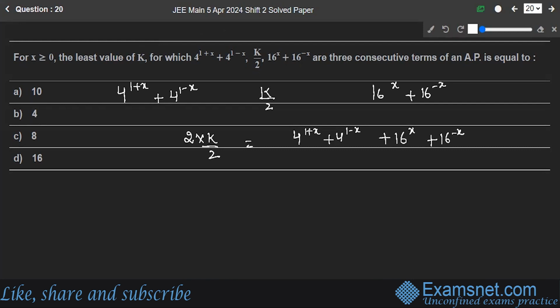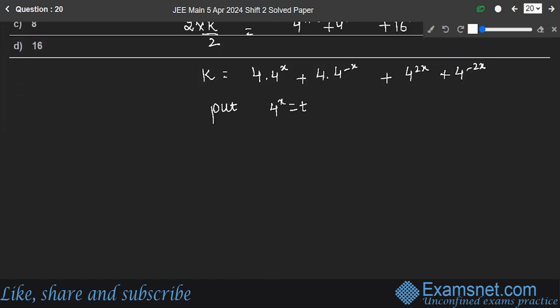Correct? So that means you have k is equal to, I can write it as 4 multiply 4 power x plus 4 multiply 4 power minus x plus 16 can be written as 4 power 2x and minus 2x. Correct? Let's put 4 raised to power x is equal to t. So you have k is equal to 4t plus 4 upon t.